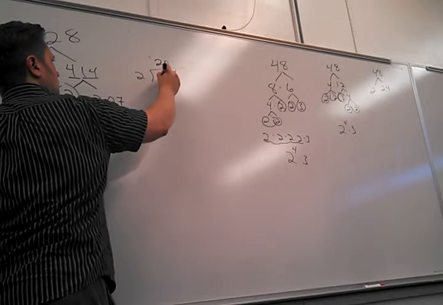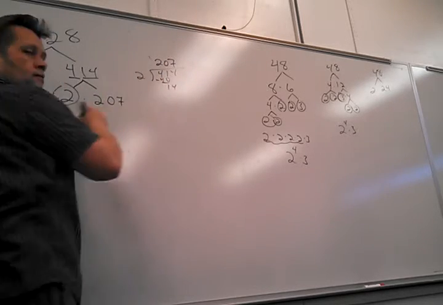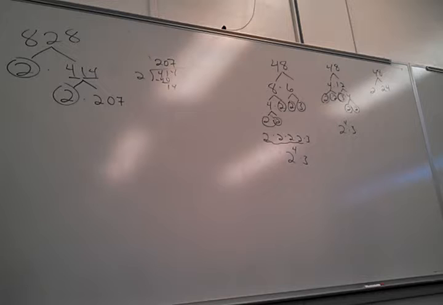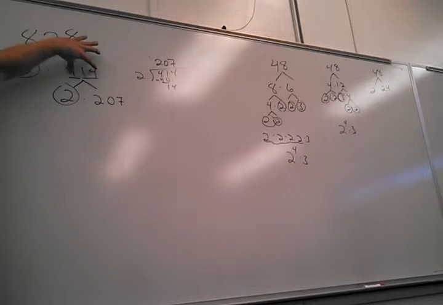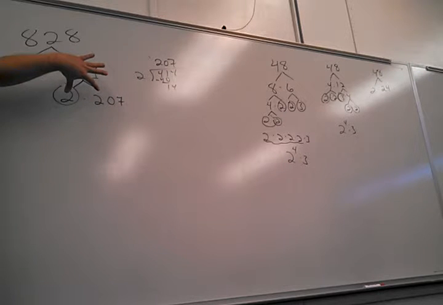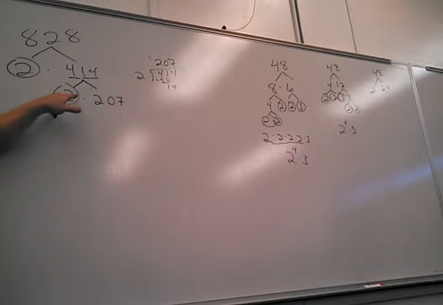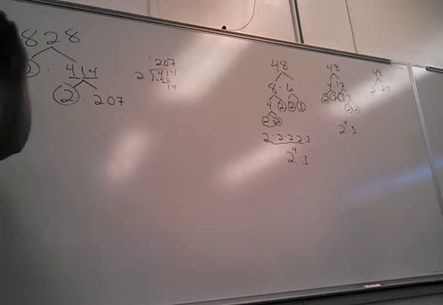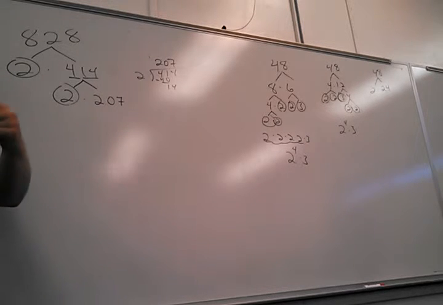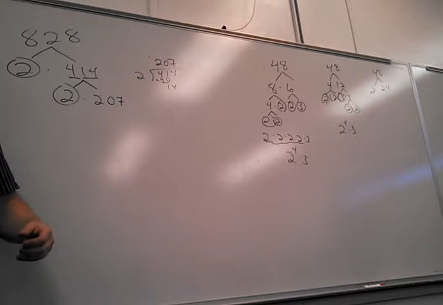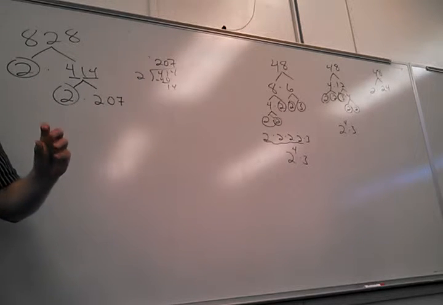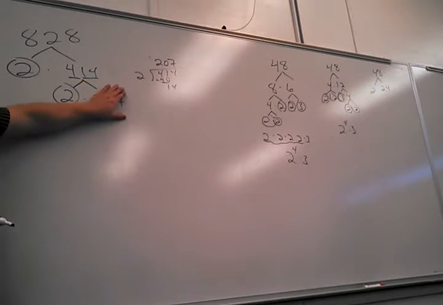Well, I have to divide it by 2 to see what it would be, right? 2 times 7 is only 14. I need 414. So to figure out what this something is, I would take 2 into 414.